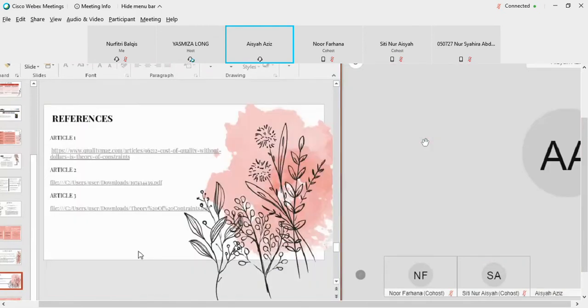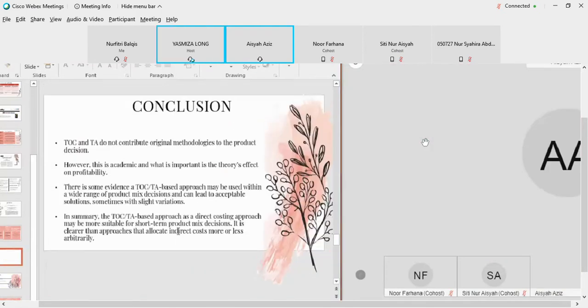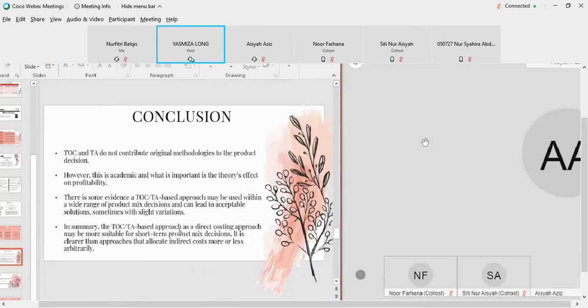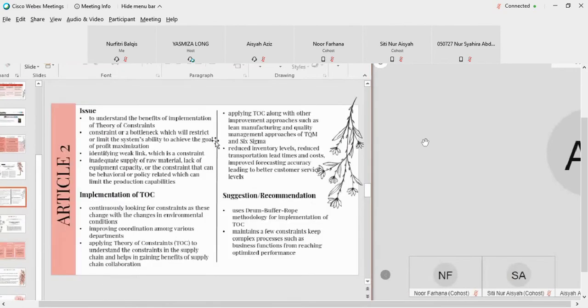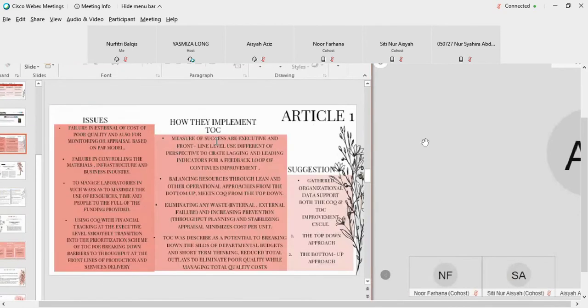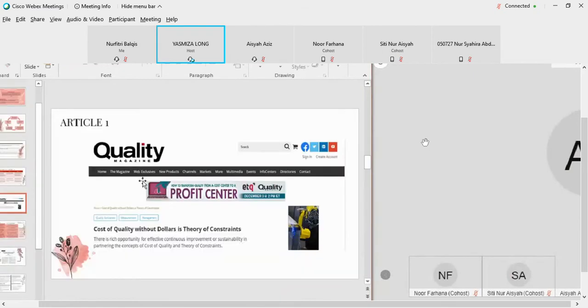Okay, question and answer. So we go back to article 1. Which article 1?